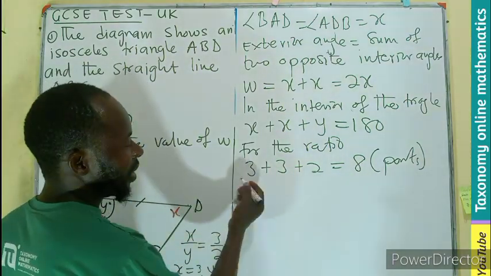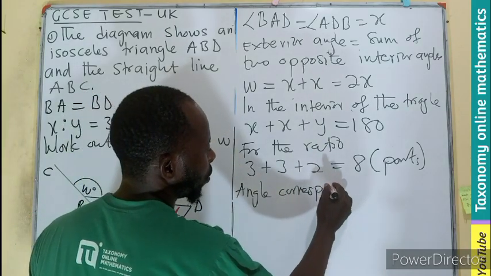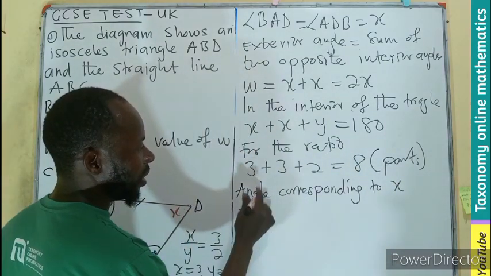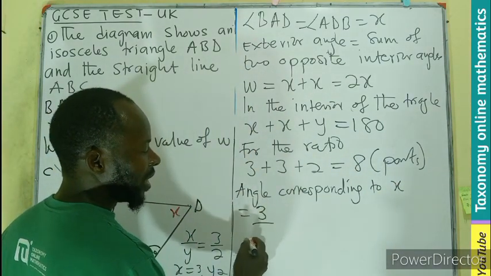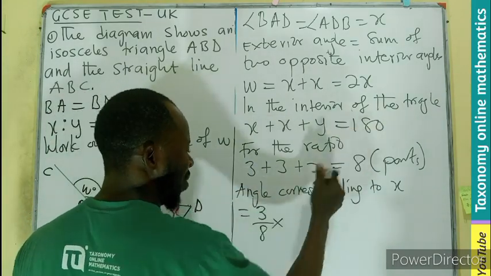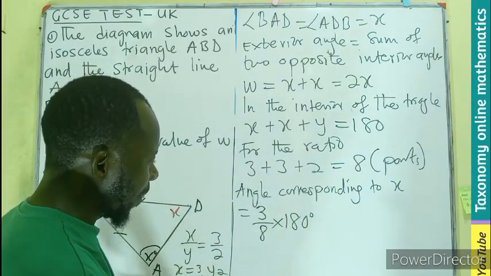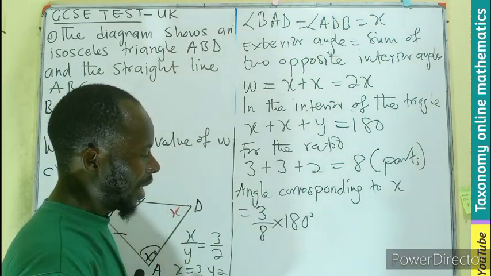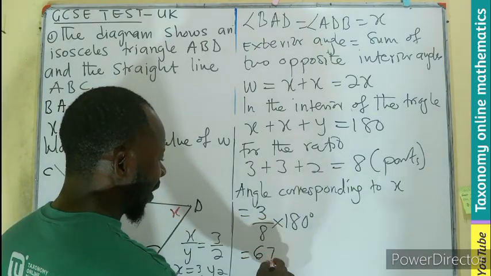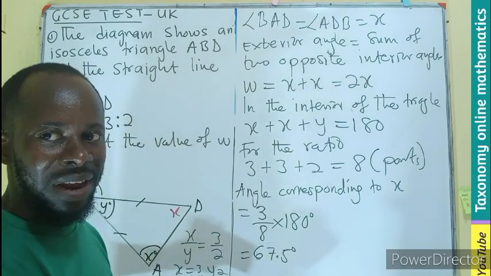So the angle corresponding to x will be the ratio corresponding to x divided by the total parts, times the angle they are supposed to get, 180. So this divided by this, times that on our calculator will give us 67.5 degrees. That is the value of one of the x.